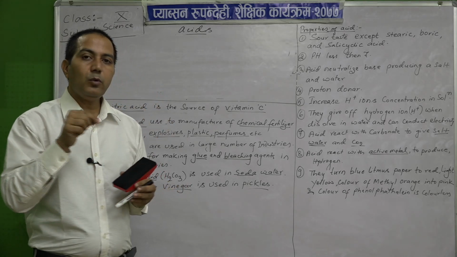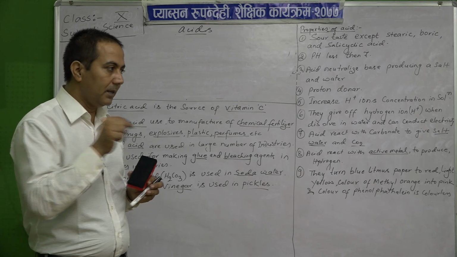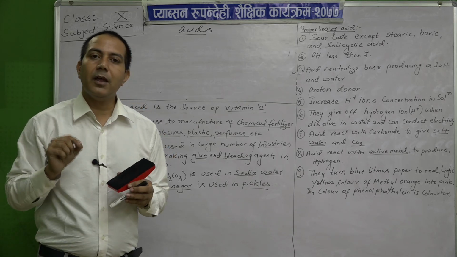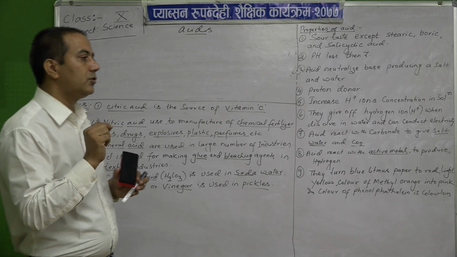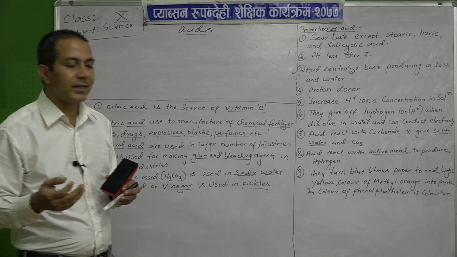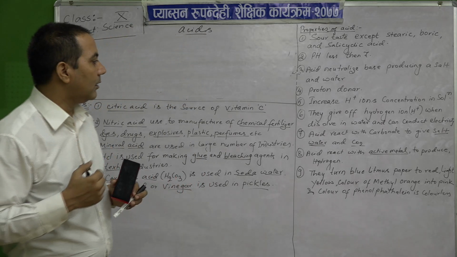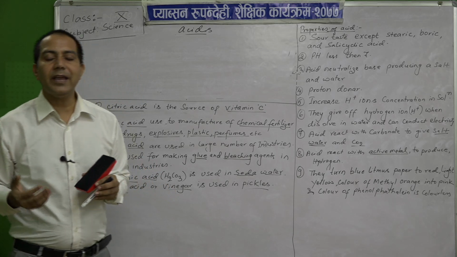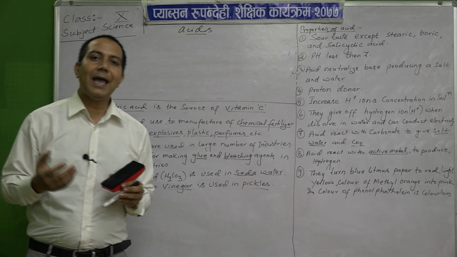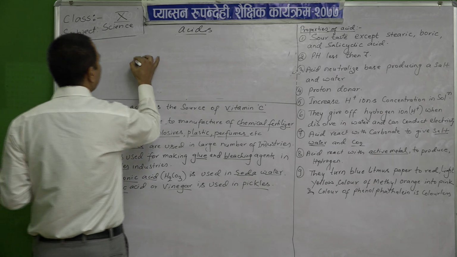So, when blue litmus paper touches the acid, what happens? Immediately it turns red in color. So, by this we can say that it is acidic in property. Another way of identifying whether it is acid or not is by using methyl orange. Okay.